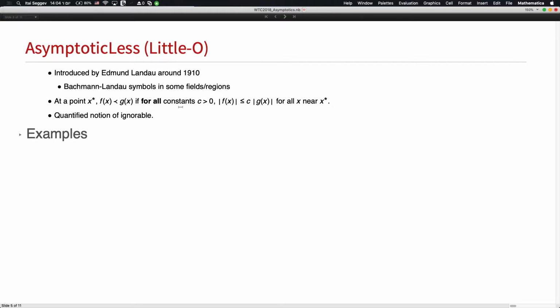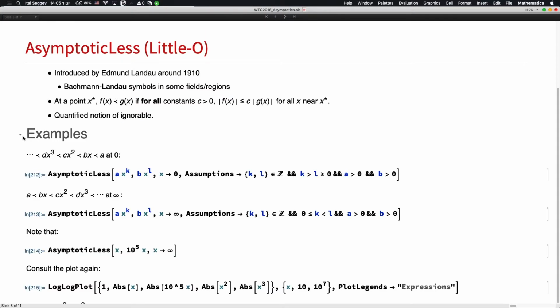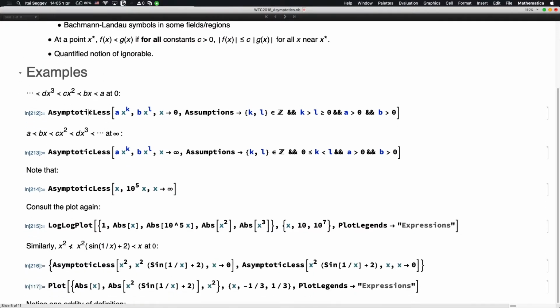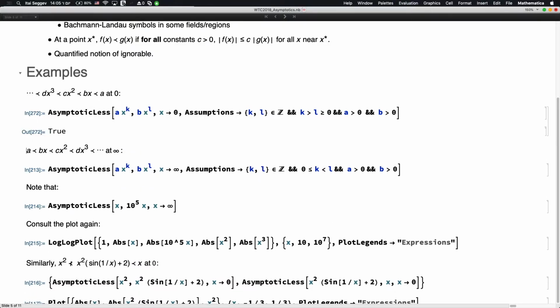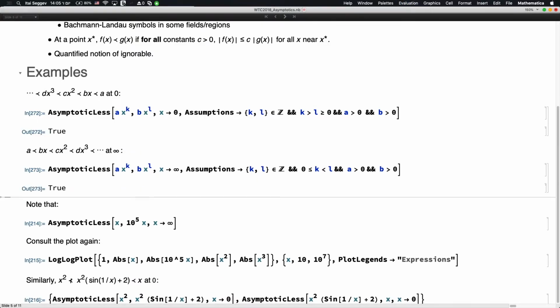Okay, so a little later, little o came along. It was introduced by Edmund Landau, not Lev Landau, and so in some fields and regions, these relations are called Bachmann-Landau symbols. The difference looks very similar, but in the great world of quantifiers, which quantifier you use is very important.